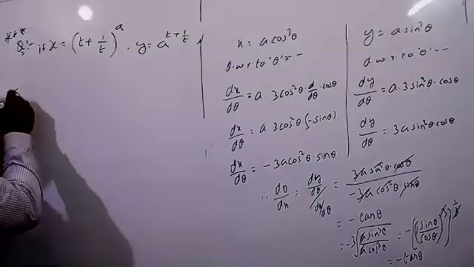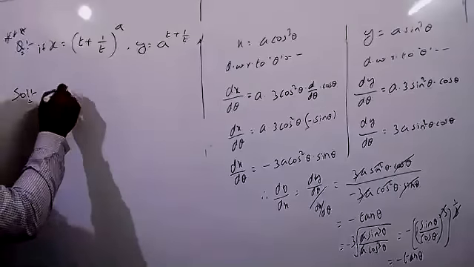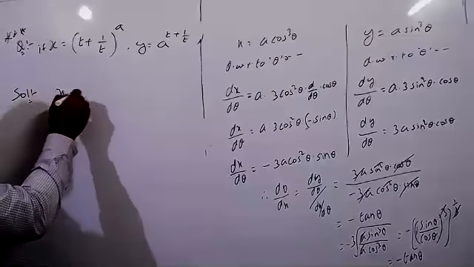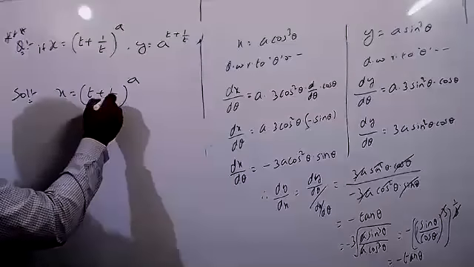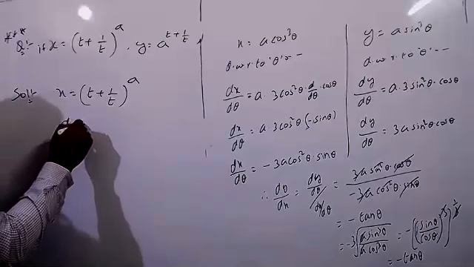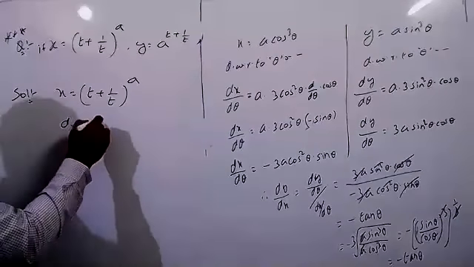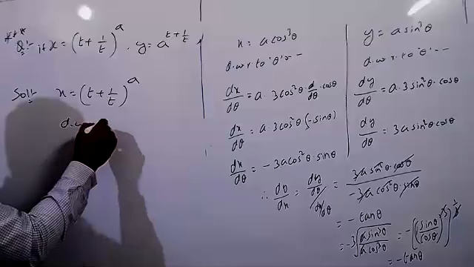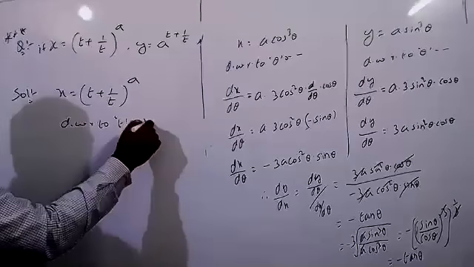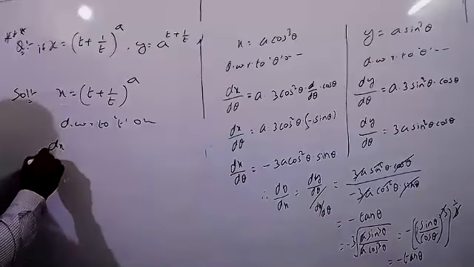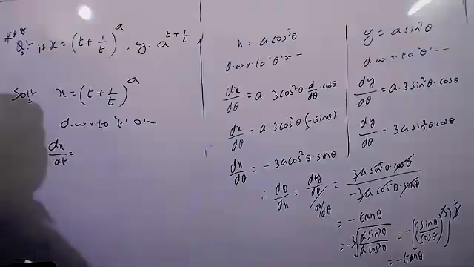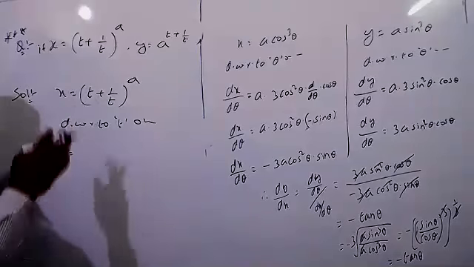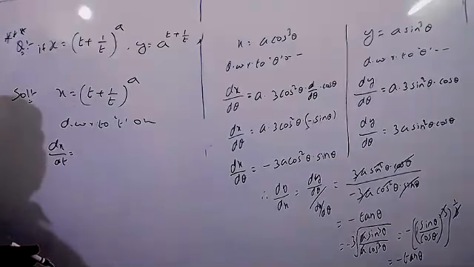Given x equals (t plus 1 by t) whole power a, now differentiate with respect to t on both sides. So dx by dt equals... you can apply the logarithm on both sides. Is that correct?